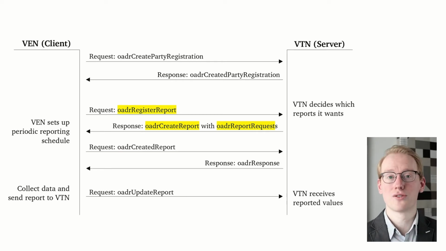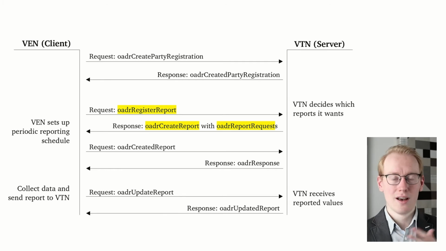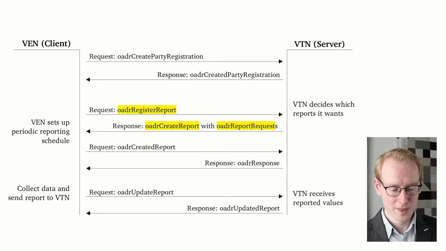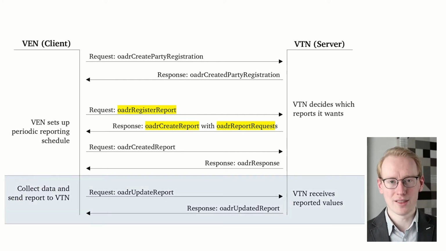And then the VTN just receives the values, which is pretty straightforward and pretty simple. And it only took a few lines of code. And this part in blue, of course, happens over and over at the requested report interval.